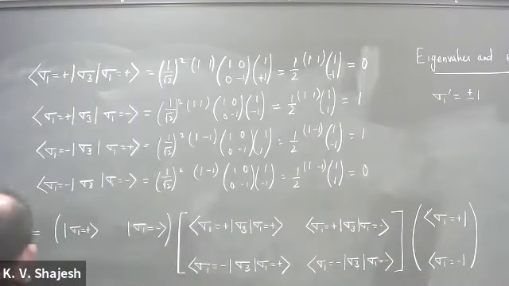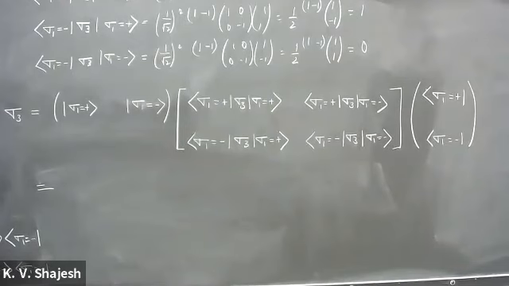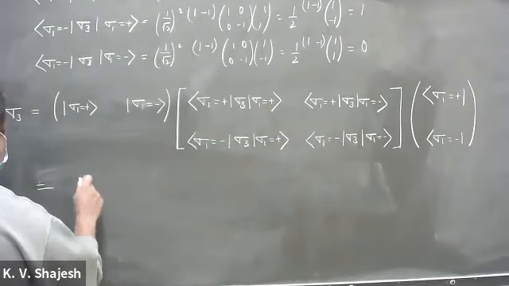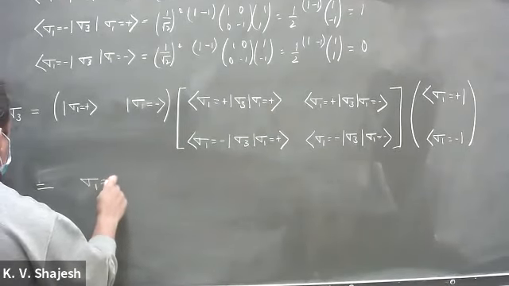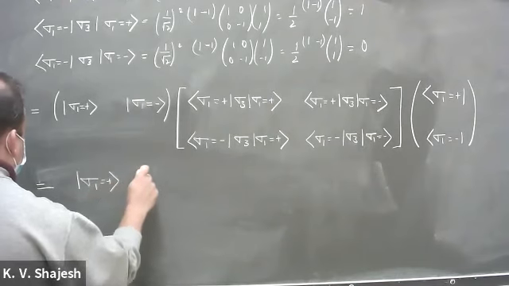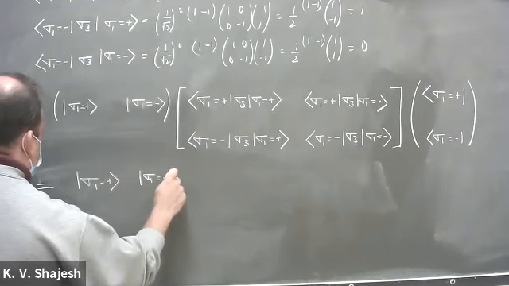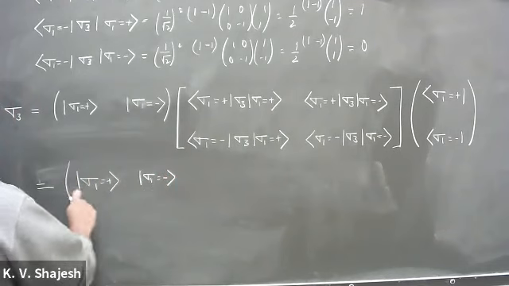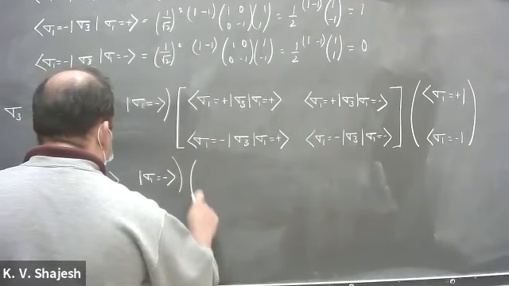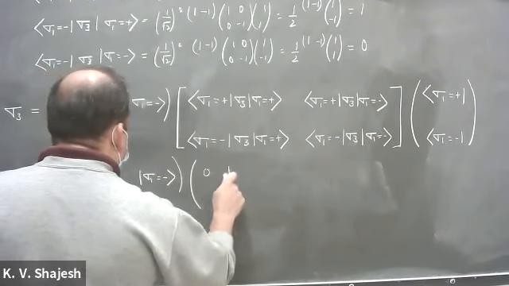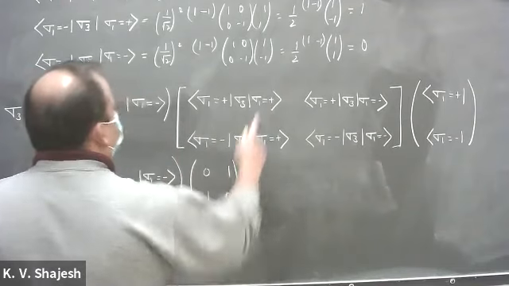So this is equal to this. So that's equal to sigma 1 plus 1 minus, this is 0, 1, 1, 0. That's what we found there.